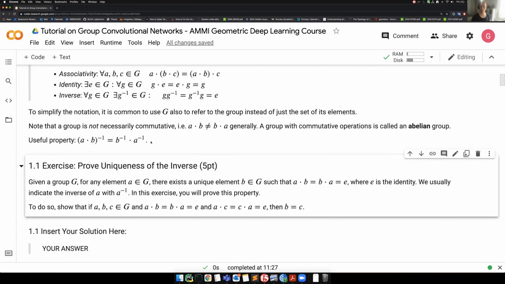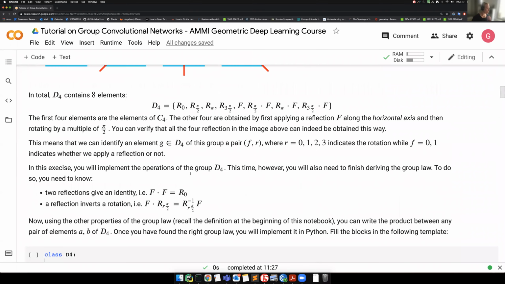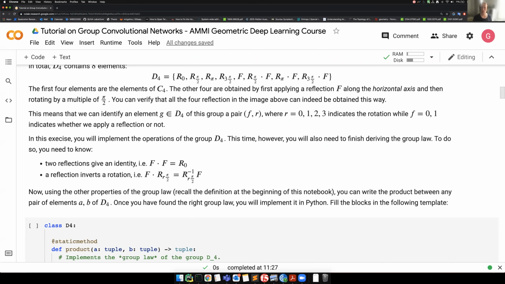Yes, please. In the composition of the rotation and the reflection, why on the right side did you not put the binary operation dot? Where is it? Oh yeah, that's just a typo. In general, I'm putting this dot everywhere to make it a bit explicit, but it's also common to just skip it if it's clear that both elements belong to the same group.